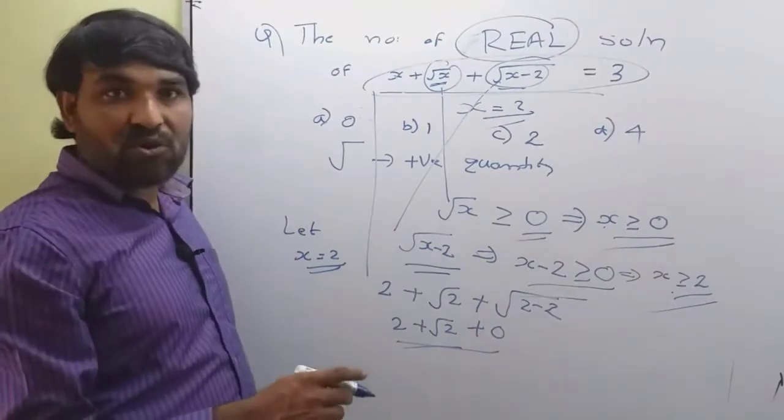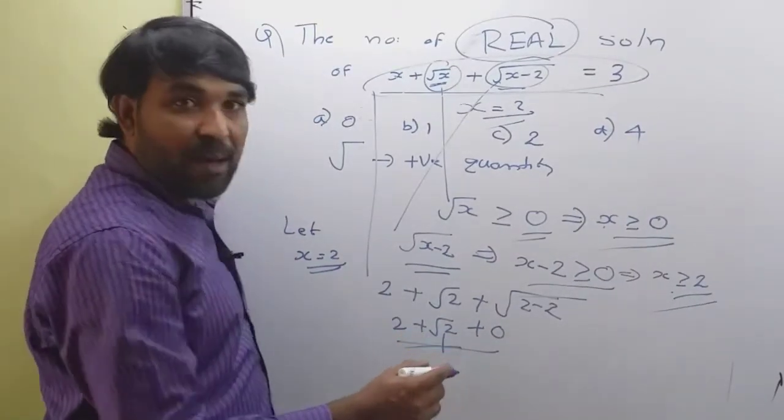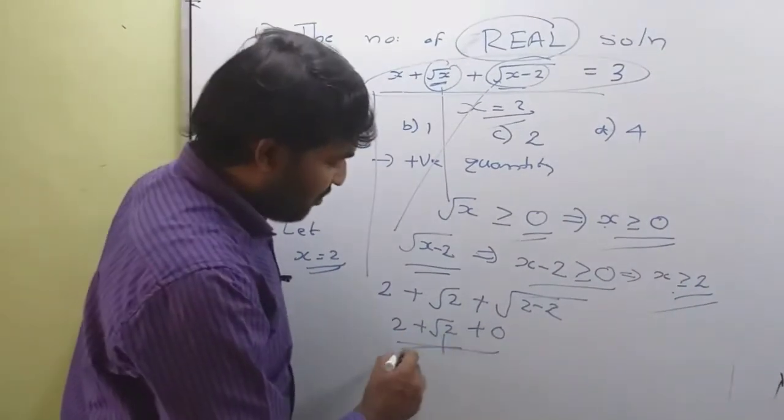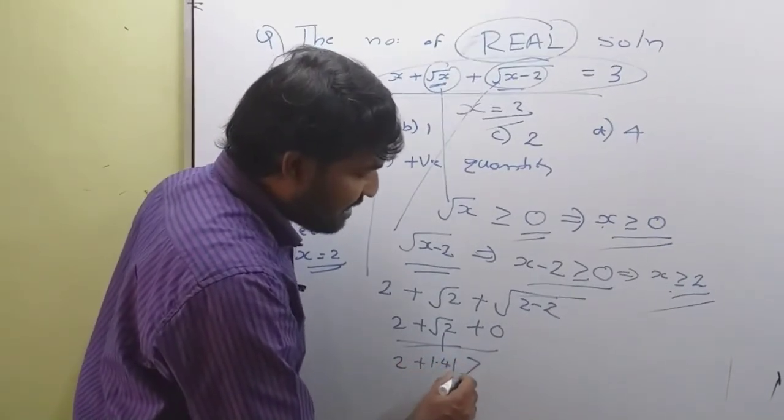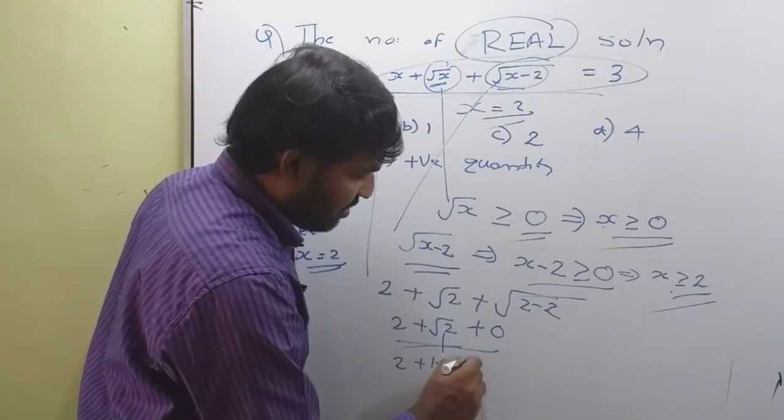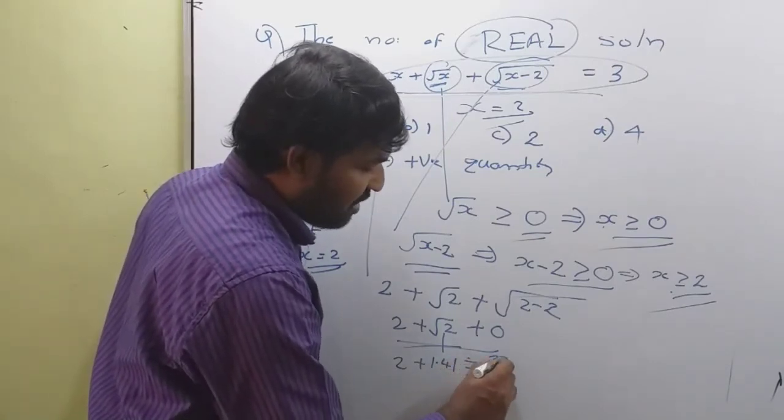The value of root 2 is approximately 1.41, so that is 2 plus 1.41, approximately equal to 3.41.